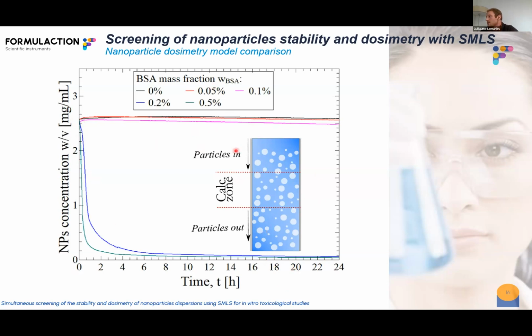So here is the example of the dispersion of titanium dioxide with BSA in water according to the increase of the concentration of BSA. And we see clearly that with increased concentration of BSA, we have a drop, a fall, of the concentrations in the calculated zone of the tube.